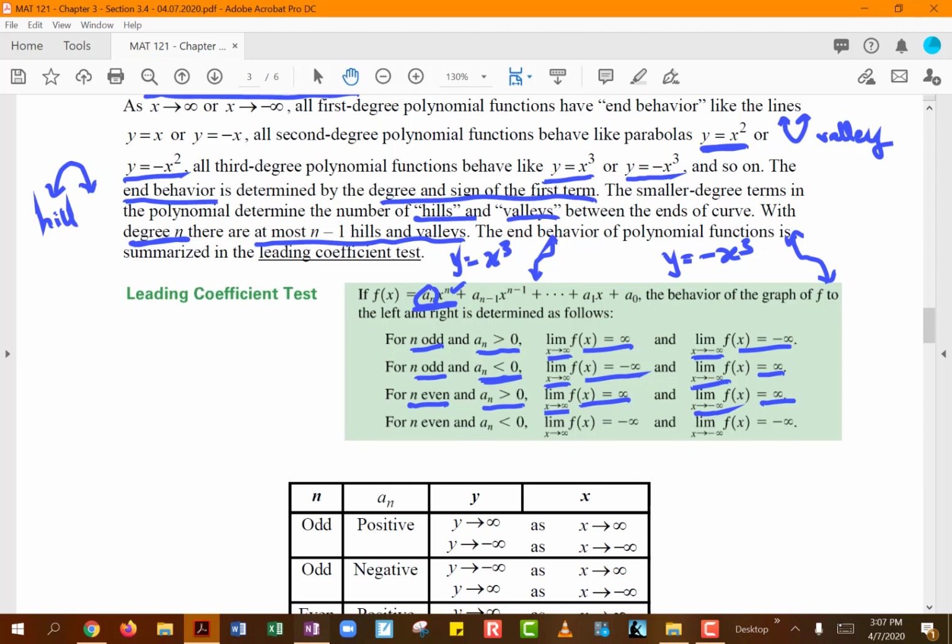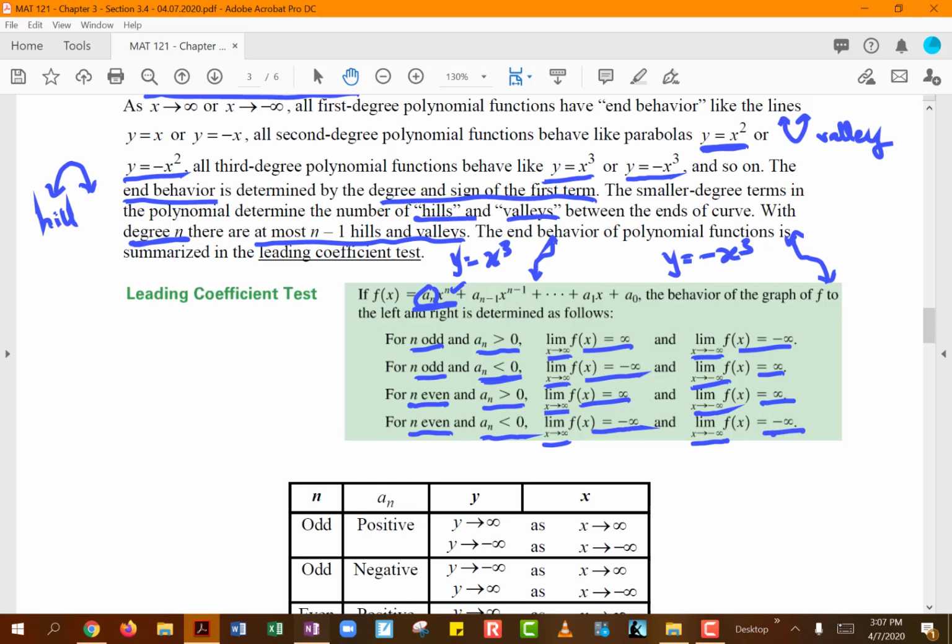And when your n value is even, so again, 2nd degree, 4th degree, but now your leading coefficient is negative, we're going to see a reflection again. So as x goes to infinity, your function goes to negative infinity, and as x goes to negative infinity, your function goes to negative infinity.